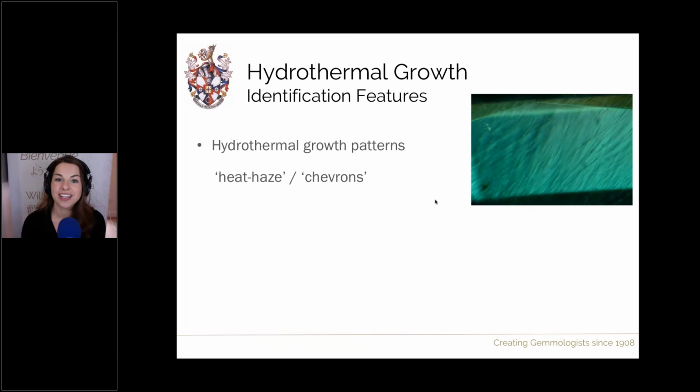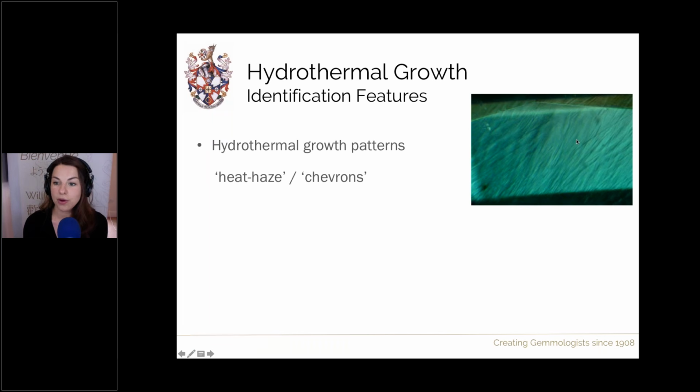To identify the hydrothermal grown synthetics, the main feature that we can look for is the hydrothermal growth pattern. This is also known as heat haze or chevrons. Now, this occurs in all hydrothermal grown products except for quartz. So we can see it in emeralds and also in sapphires and rubies as well.